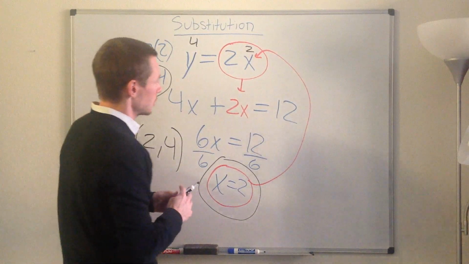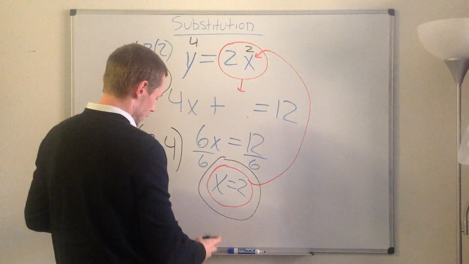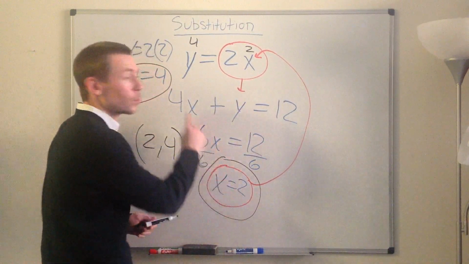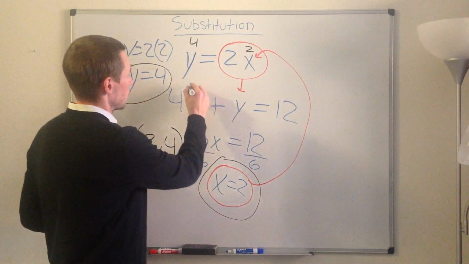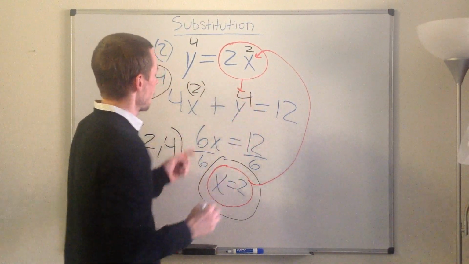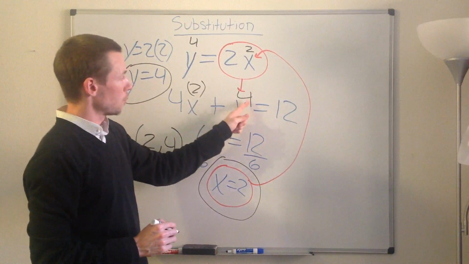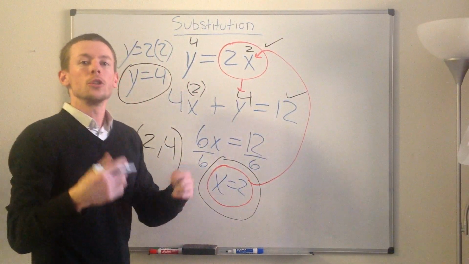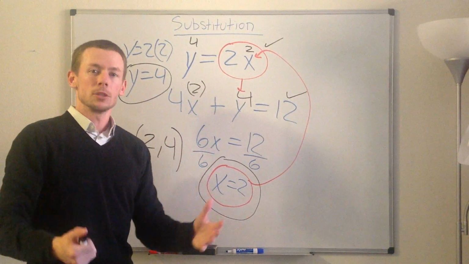Now what happens if I go back to the original way it was written, 4x plus y equals 12, I claim x equals 2, and I say y equals 4. 4 times 2 is 8, and 8 plus 4 does equal 12. So 2 and 4 is what satisfies both equations through the method of substitution.